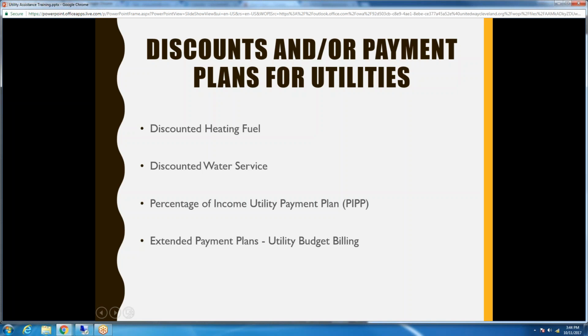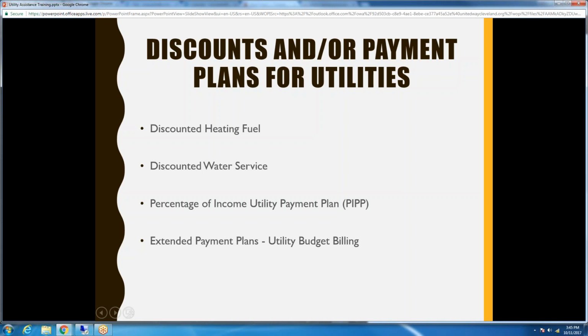Co-ops are unregulated utilities, basically. At the very end here, I'll go over the difference between regulated and non-regulated utilities. But a co-op is unregulated, so it's going to be more like Cleveland Public Power. So very little help. Thanks, Rob.